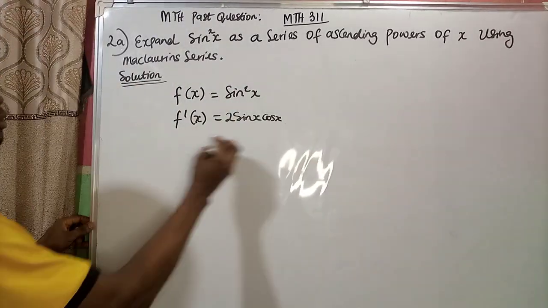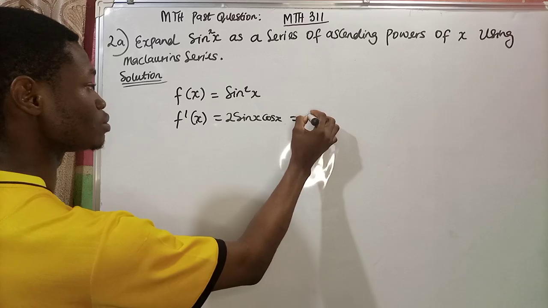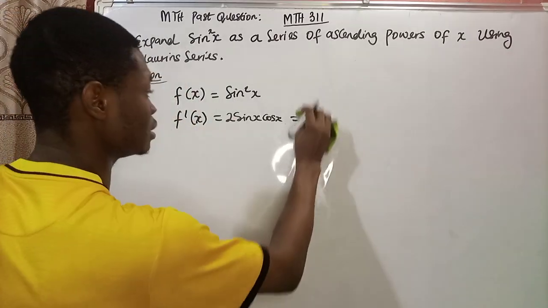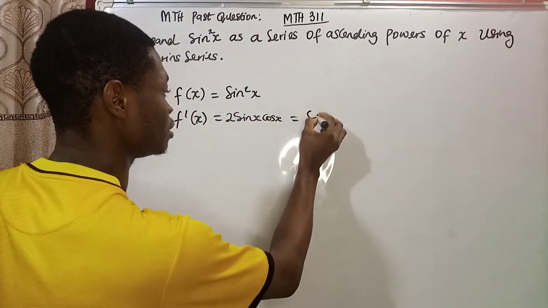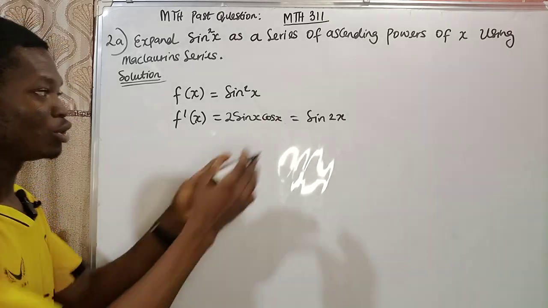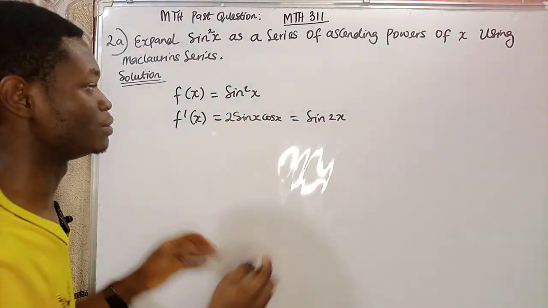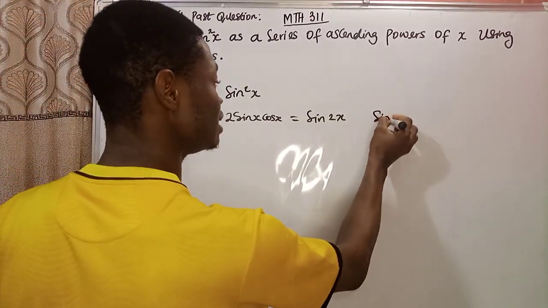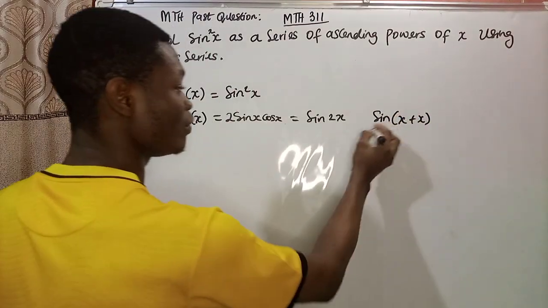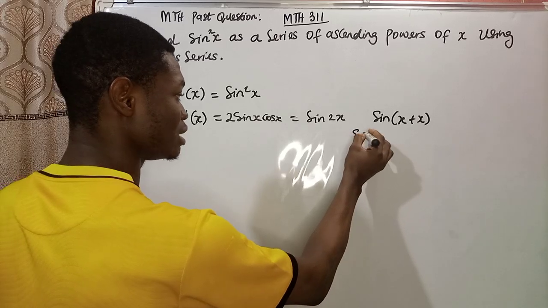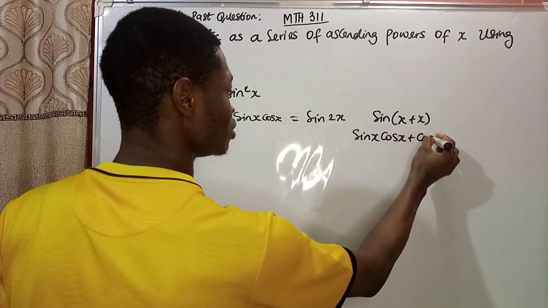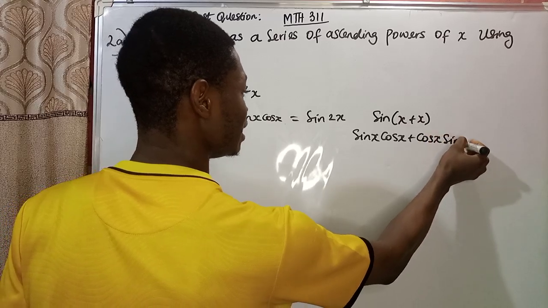But for the sake of time, this thing is also 2 sine x cos x, which is sine 2x. The reason I say that this is sine 2x, using addition angle: sine 2x is sine of x plus x, which is sine x cos x plus cos x sine x.